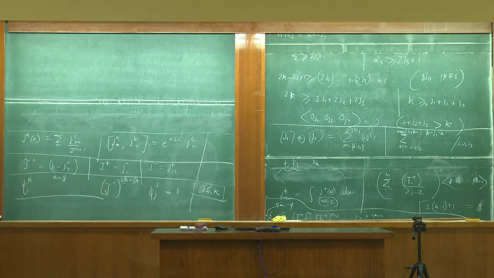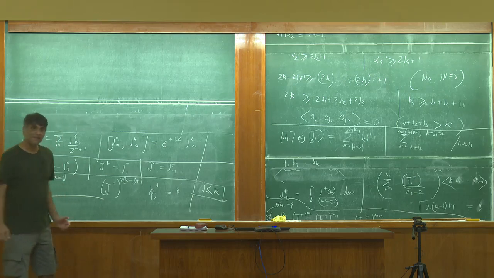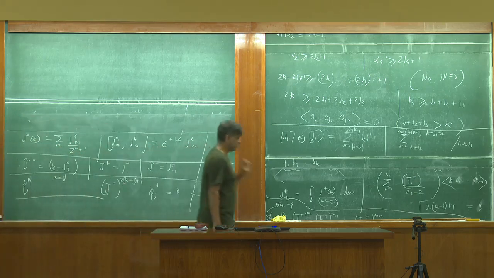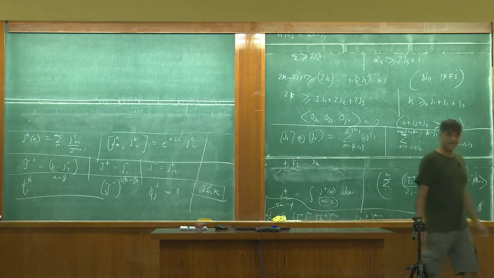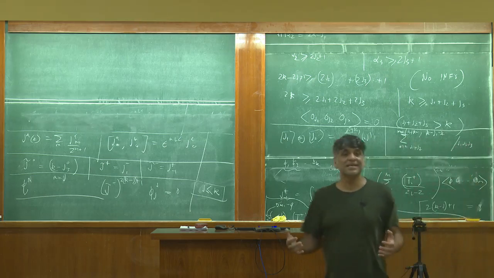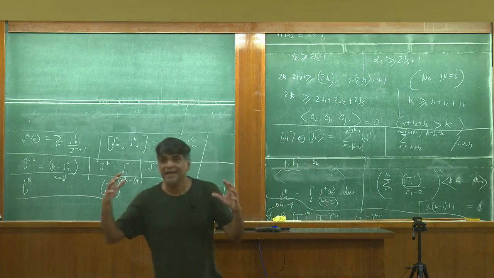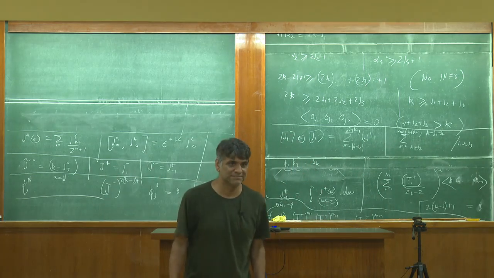Now, what have we seen? The space of current algebra conformal blocks. Let's first look at 3-point functions. The space of current algebra conformal blocks, as far as 3-point functions go, is a subset of the space of Lie algebra conformal blocks.